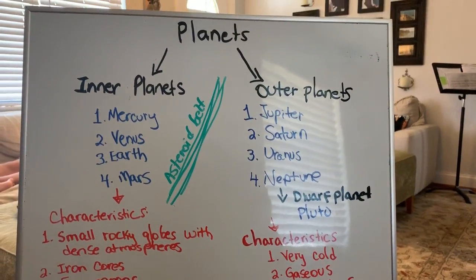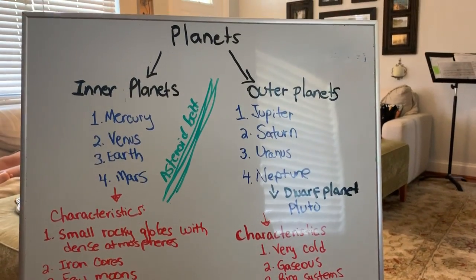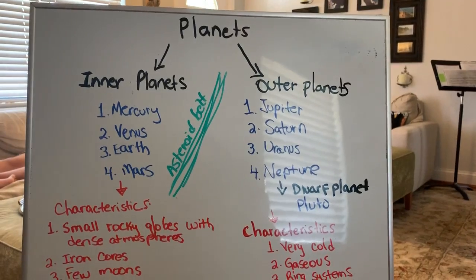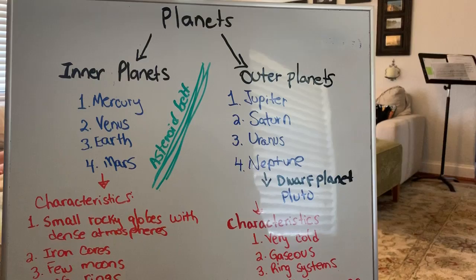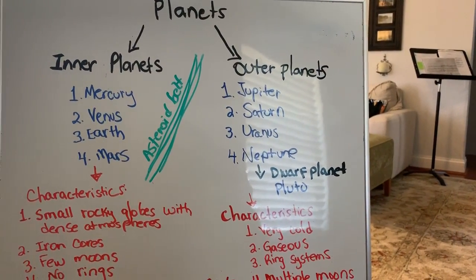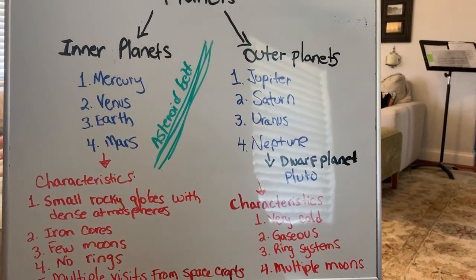All right, guys, we're going to continue talking today with our lesson on the solar system. And I just want to remind you, like we went over yesterday, what are our inner planets? They are Mercury, Venus, Earth, and Mars.